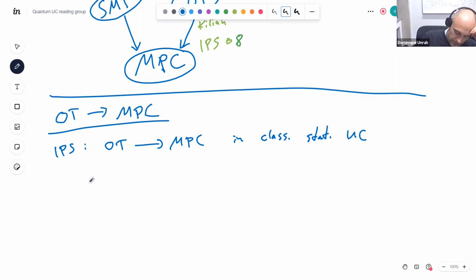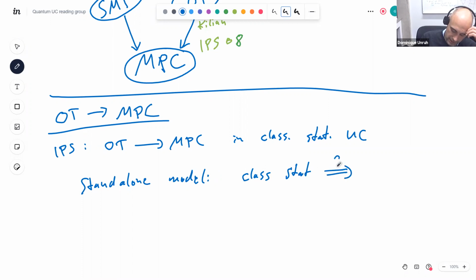Because, for example, in the standalone model, the one that doesn't have an environment interacting with the protocol and adversary live, we do not know whether classical statistical security implies quantum statistical security. As far as I know, we don't have any counterexamples, but we also don't know that it holds.